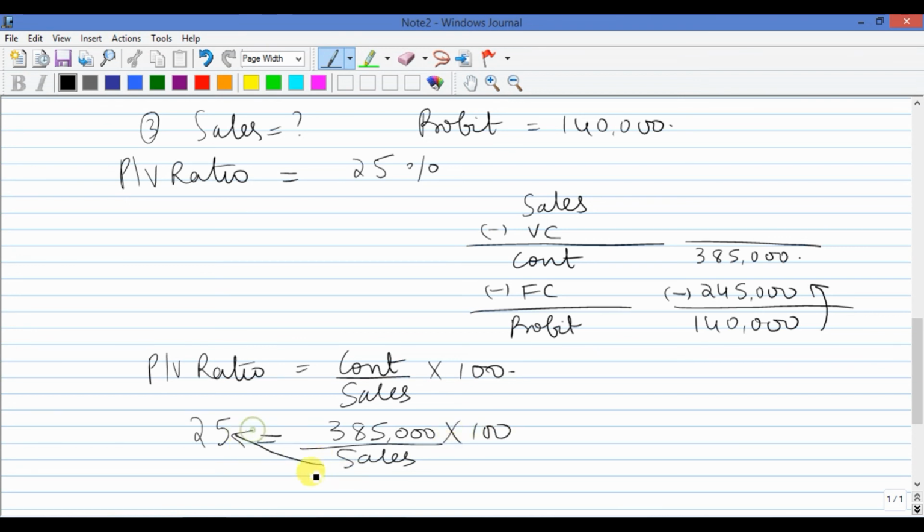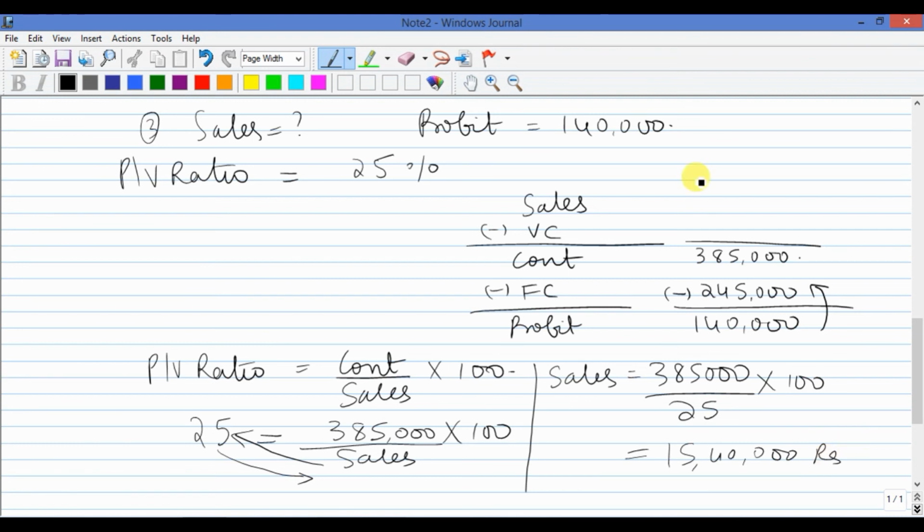Sales will go here and 25 will come down. So sales is nothing but 3,85,000 into 100 divided by 25. So I'm getting a sales of 15,40,000 rupees.